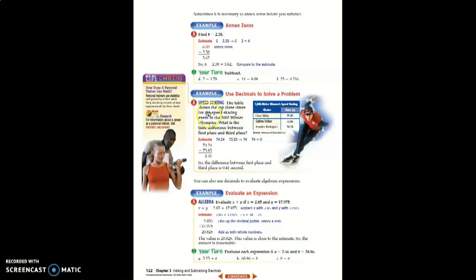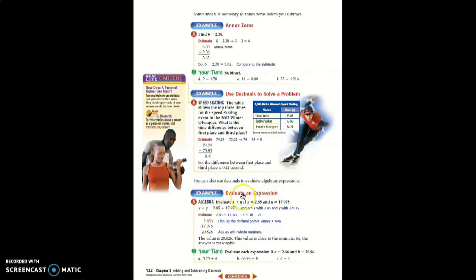The table shows the top 3 times for the 1000-meter speed skating event in the 2002 Winter Olympics. What is the time difference between first place and third place? So the difference between first place and third place is 0.41 second.